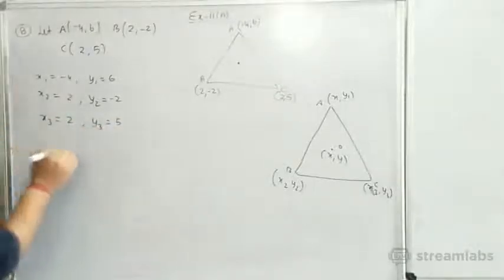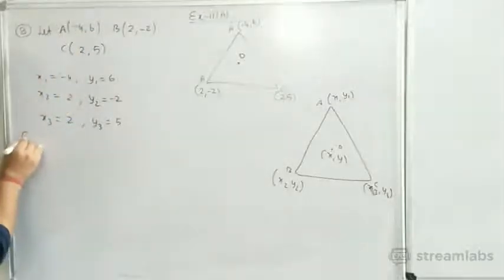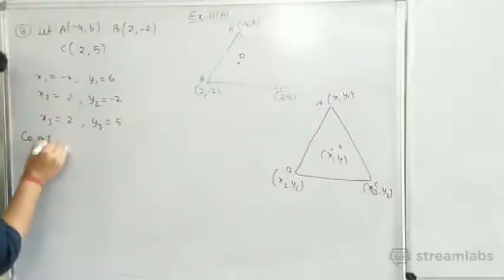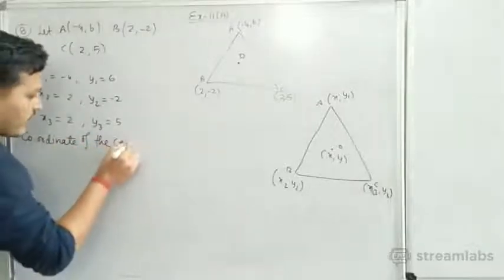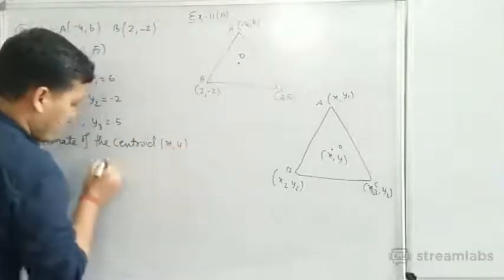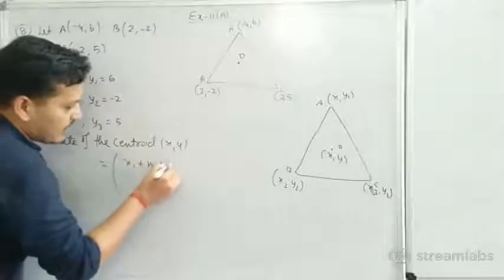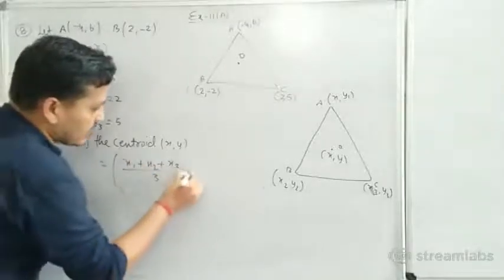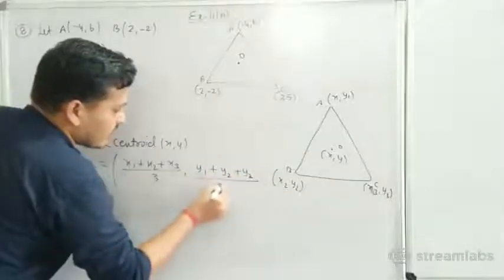So first the centroid, let's suppose this is the point O. The coordinate of the centroid, let it be x comma y, and its value is x1 plus x2 plus x3 divided by 3 and y1 plus y2 plus y3 divided by 3.